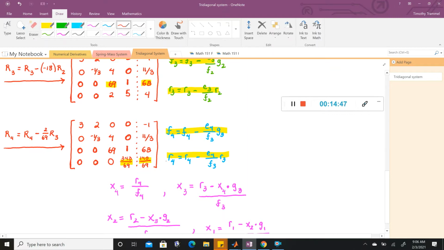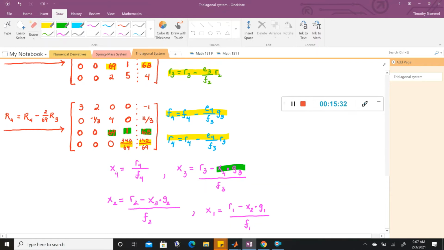And then if we want to find the next one, say x3, we have R3 here minus what's here. What I just highlighted would be considered G3, and the variable associated with G3 is x4. And that's what's going on here. And then finally, once we've subtracted that over, we would divide by what's right here, which is F3.